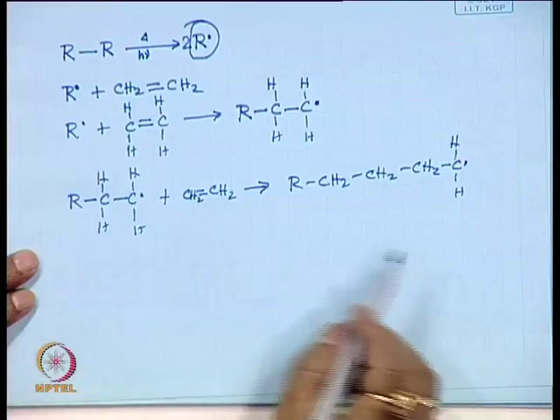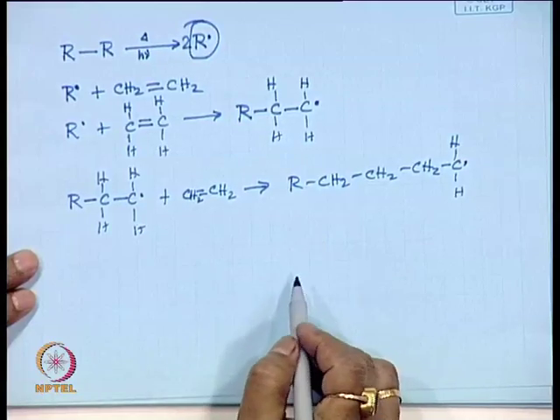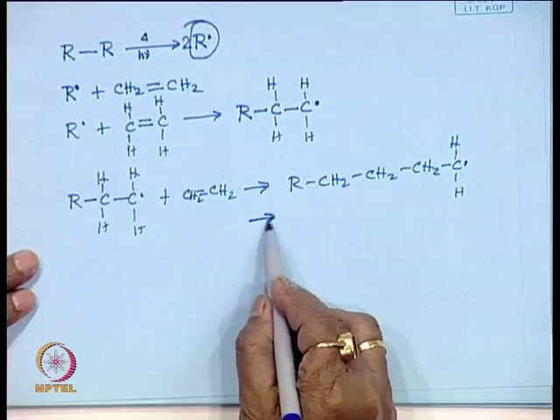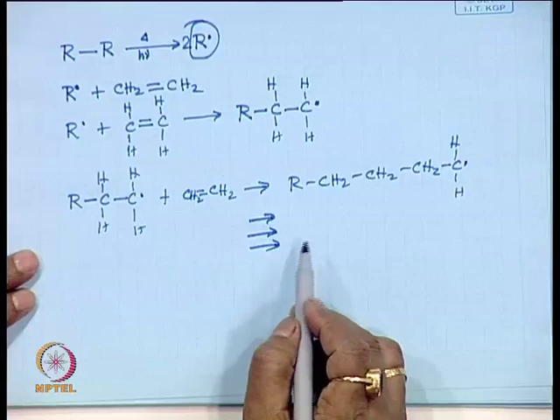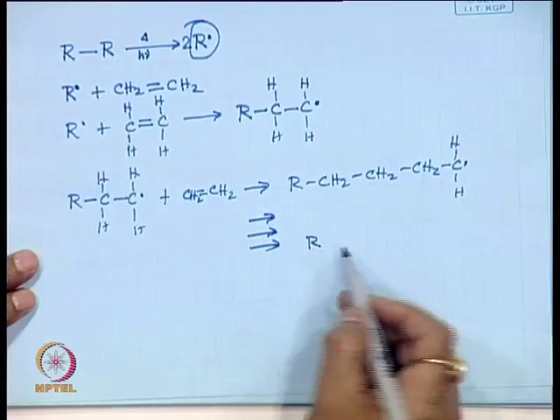So, this process continues at a very fast rate, and ultimately, if this process is allowed to continue, we can get a polymer.